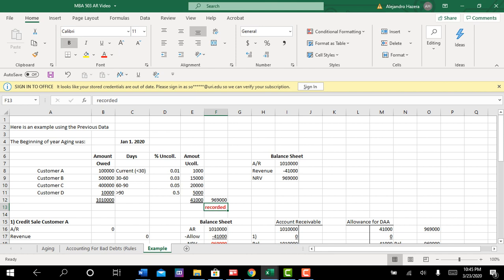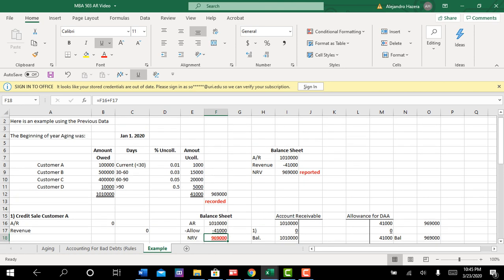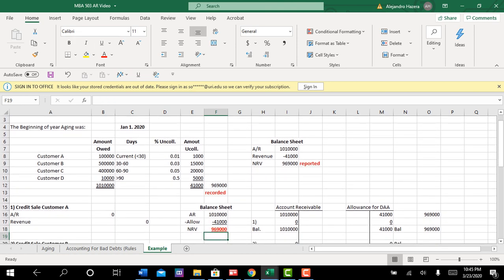And this is the way it is reported on your balance sheet, but they should both always equal. Your subsidiary records should always equal the amount that you report. There's a difference between recording and reporting: recording is in your records, reporting is when you release it to the public.